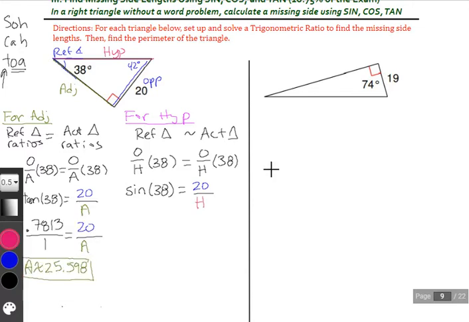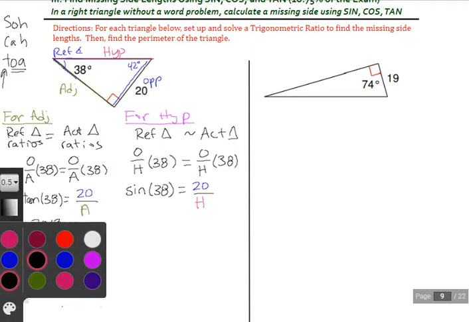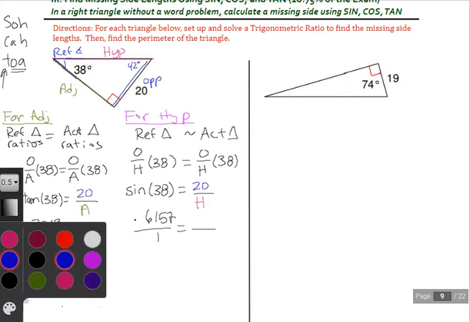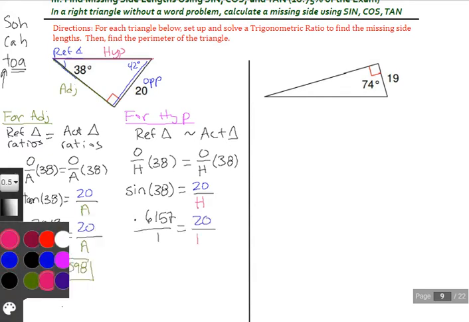Okay, now to calculate, we need to find the decimalized sine value. So the sine of 38 is 0.6157 over 1, so we can cross multiply 20 divided by h. There we go.